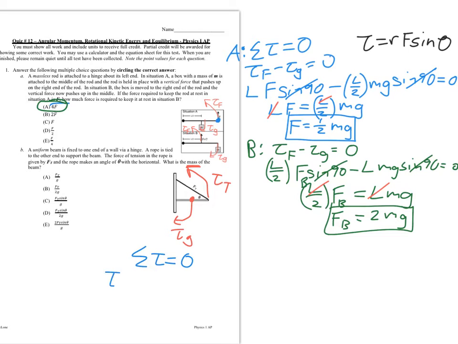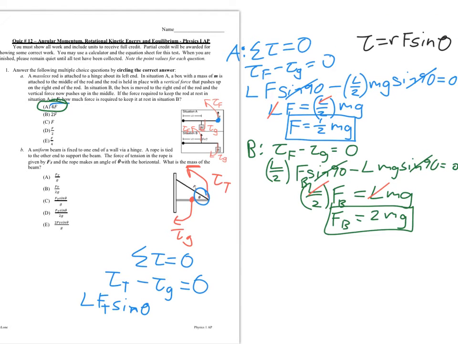And so we can say the torque from tension minus the torque from gravity equals 0. So the torque from tension is going to be the full length of the rod, which I'm going to call L, times F_t sine of theta, where there's my angle there. Once again, I'm using this equation that I used in the previous problem.